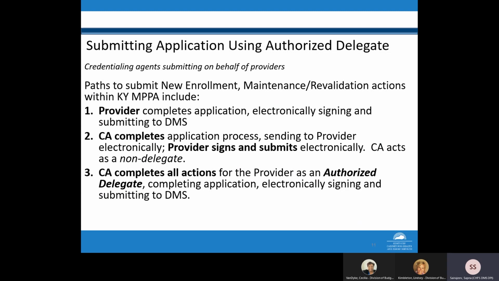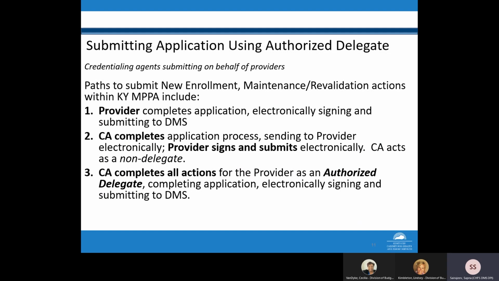But we also have the third option for credentialing agents, who can use an authorized delegate form at the submission screen. The authorized delegate form needs to be completed by the CA. Once they complete and upload that form, they will be able to directly submit the application to DMS instead of sending it to the provider.